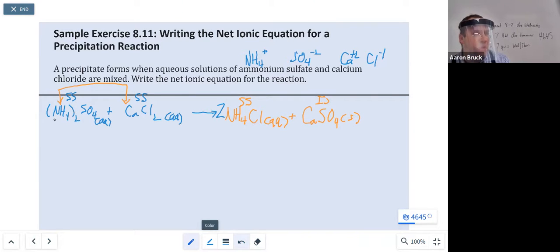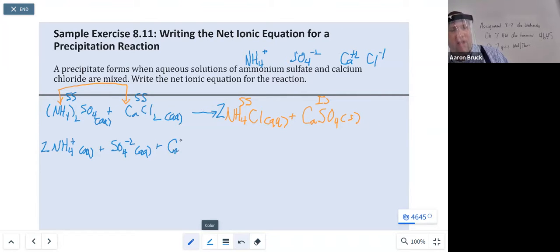So that subscript of 2 around this ammonium, that's getting pulled out. It's 2 ammonium ions, 2 NH4 pluses in the aqueous state. It's 1 sulfate ion, SO4 2- in the aqueous phase. It's 1 calcium ion, Ca2+ in the aqueous state. This subscript on the chlorine gets pulled out also.